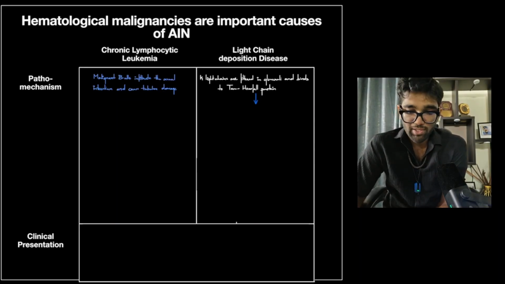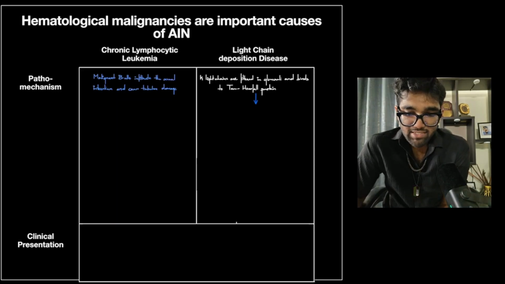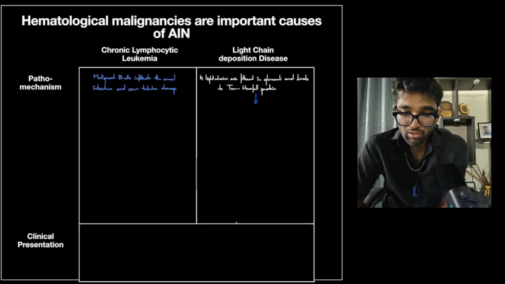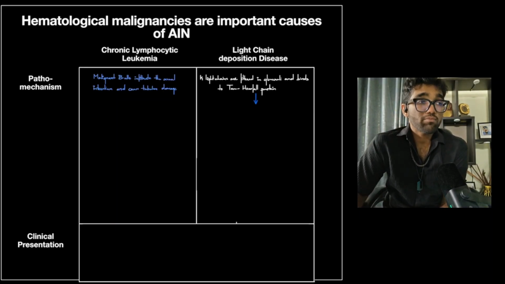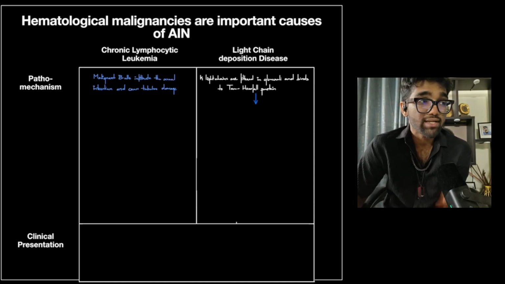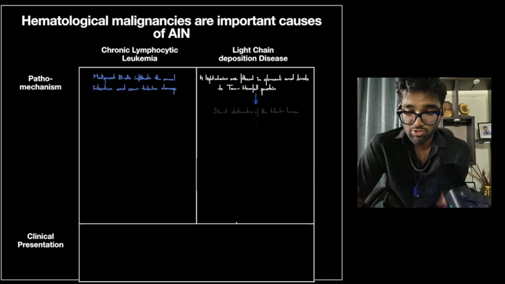Whereas in case of light chain deposition disease, as we discussed, kappa light chains are filtered in the glomerulus and bind to your Tamm-Horsfall protein. This also happens in multiple myeloma. So in multiple myeloma, lambda light chains are filtered and then bind to Tamm-Horsfall proteins and then get deposited there.